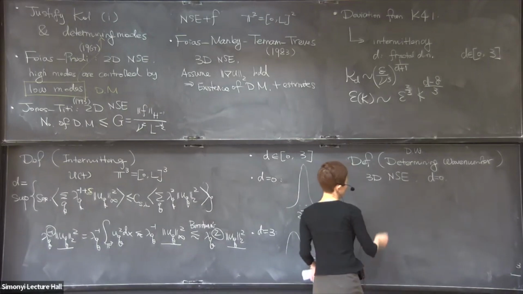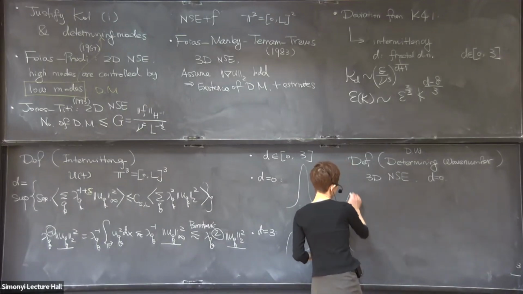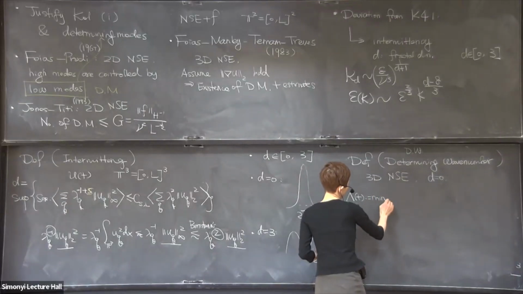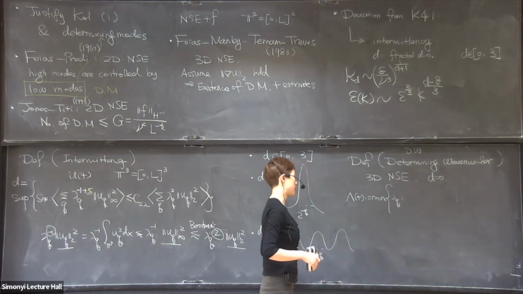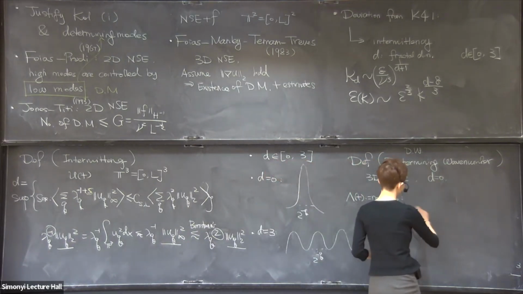In this situation, the wave number is defined as the minimum of wave numbers satisfying two conditions.